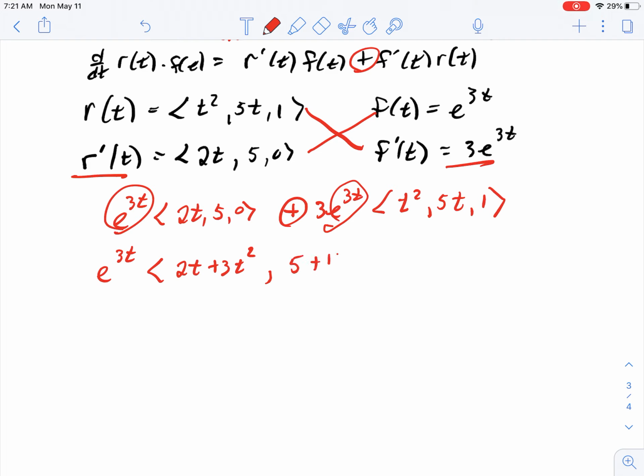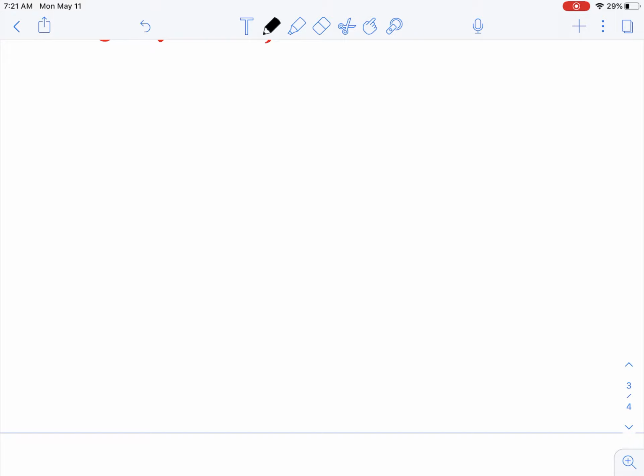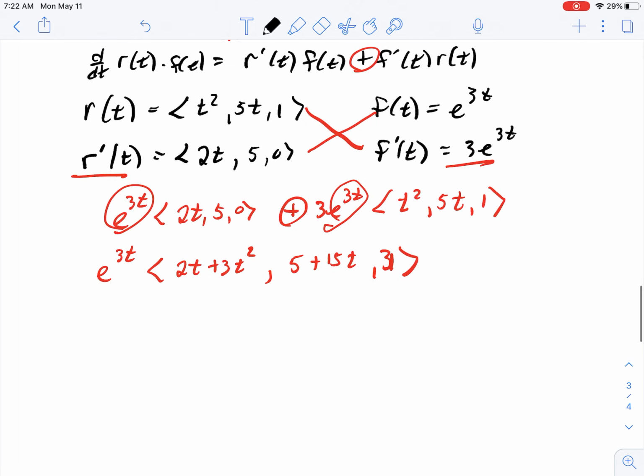What's that? 5 plus 15t and 3, like so. Okay, all right. So let's do the chain rule here. Can we see those functions up there? Yeah, I'll leave it there.